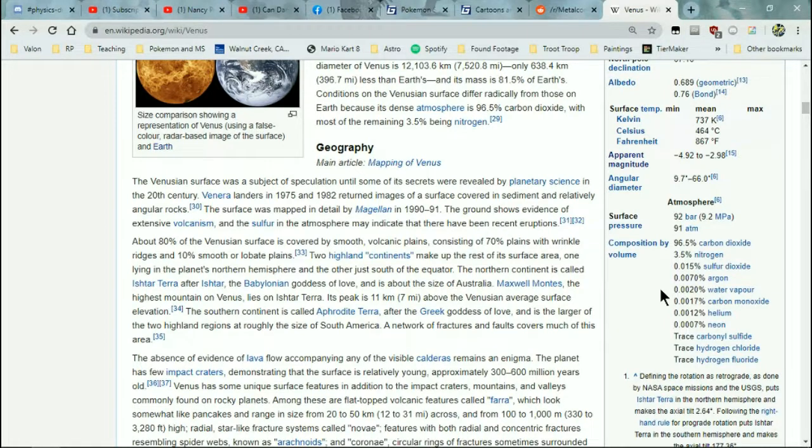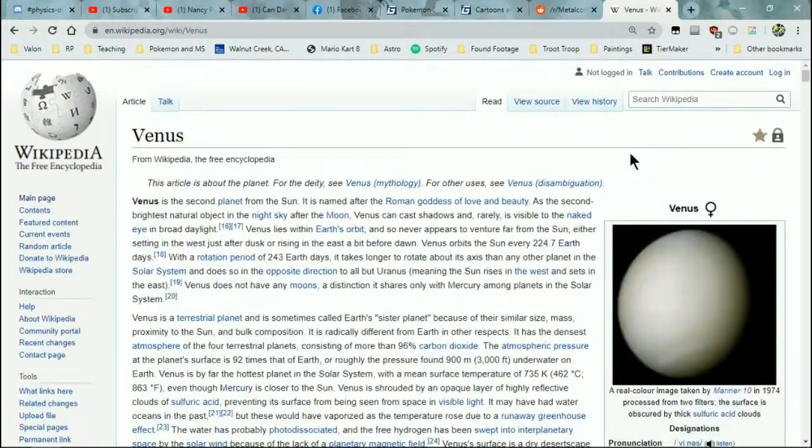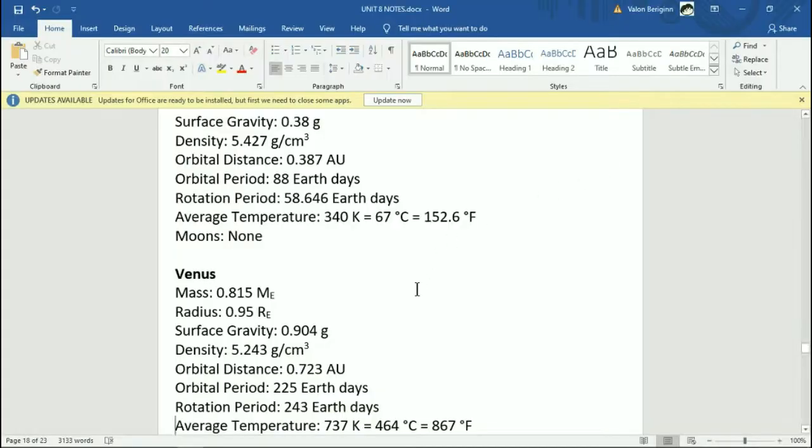I'm not diminishing this, but I think we're at like 450 parts per million, so that's like 0.04%. That is a problem in terms of habitability, but not 96%. That's a little bit more of a problem, right? So you can see how it gets ridiculous in terms of how hot the planet is. And this is why you get things like the probe that melted. So, yeah, Venus is stupidly hot.